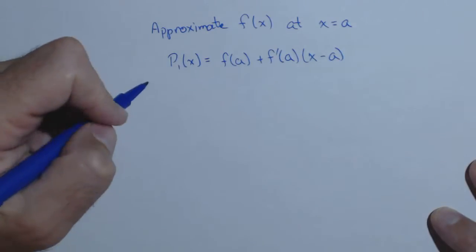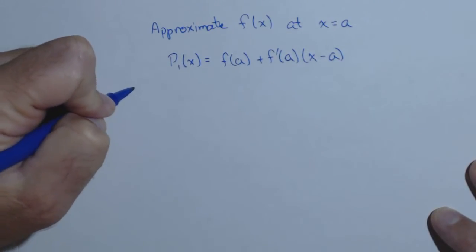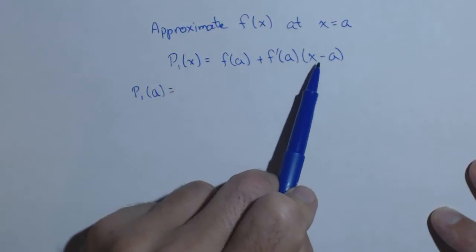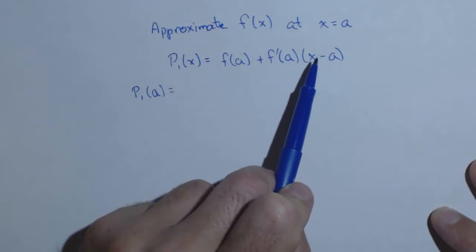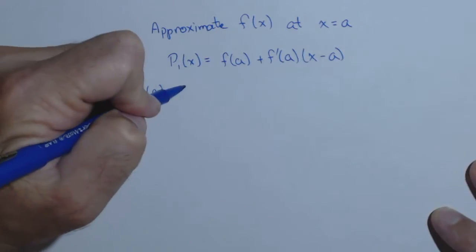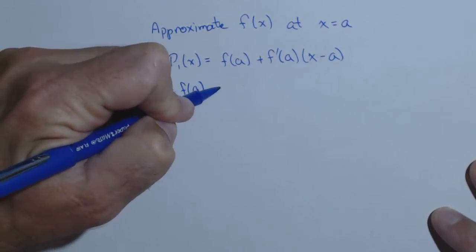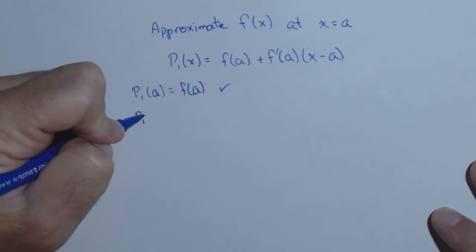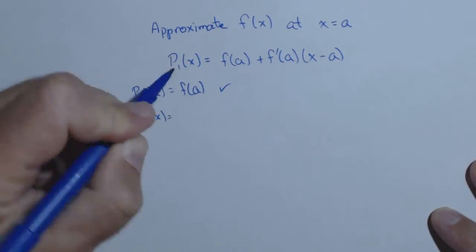It can be checked very easily because p sub 1 of a equals, well, if I plug a in here, this is going to be 0, so this zeroes out, equals f of a. So they have the same function value at a. Alright, well, let's look at p sub 1 prime of x.